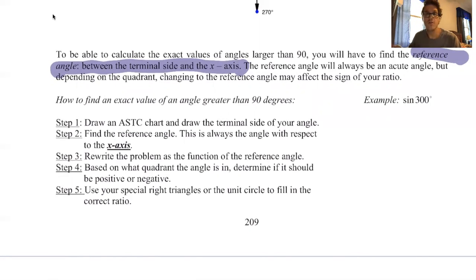And that's always going to be an acute angle, which we should know the exact values for from lesson 3 before. Then we're going to rewrite the problem as a function of the reference angle. What we mean by that is we just put in the correct sign and then the acute angle we find from the reference angle. And we'll use our special right triangles to fill in those values.